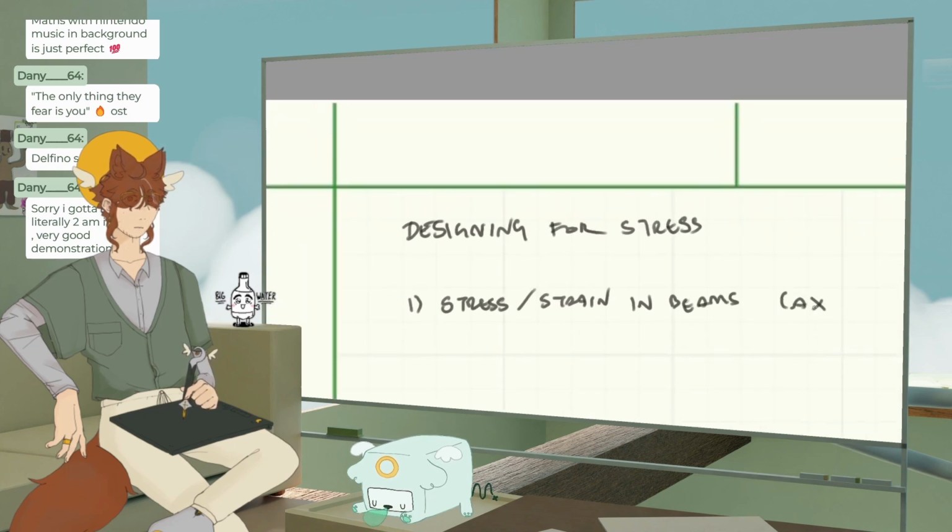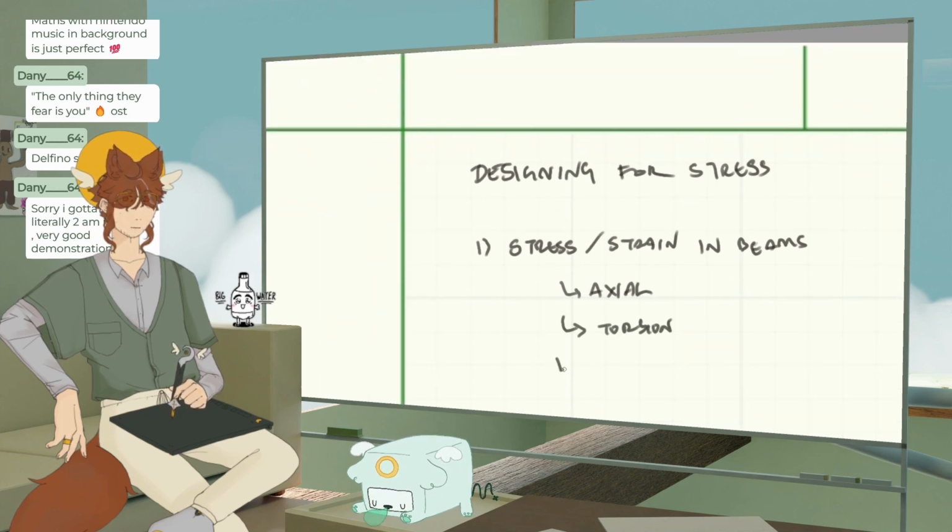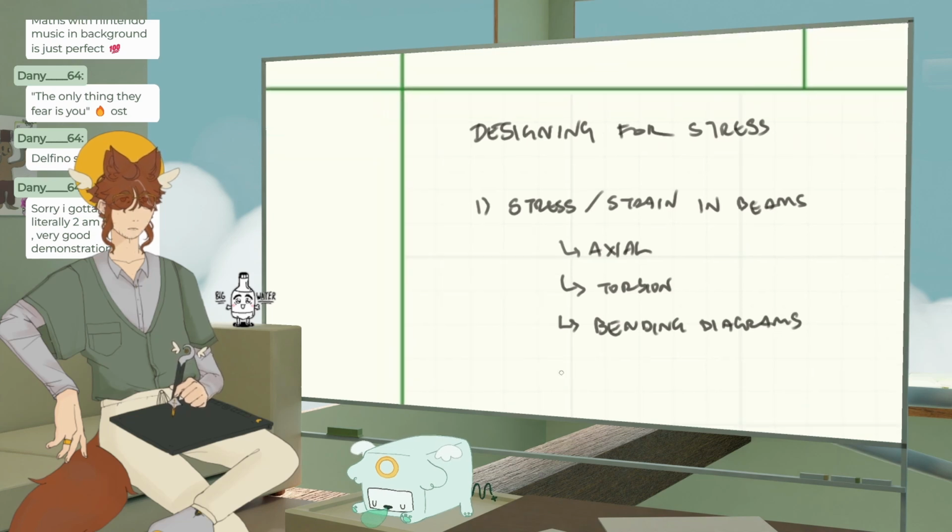like axial. Oh well, stress strain in beams, this would be like axial, torsion, what other ones are there? I already forget. Axial loading, torsion, shear, bending diagrams. Bending diagrams, yeah, that for 2 weeks. And then combined loading.